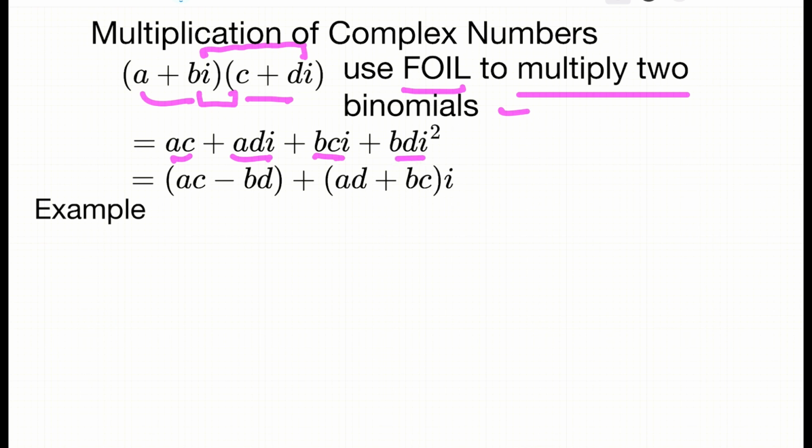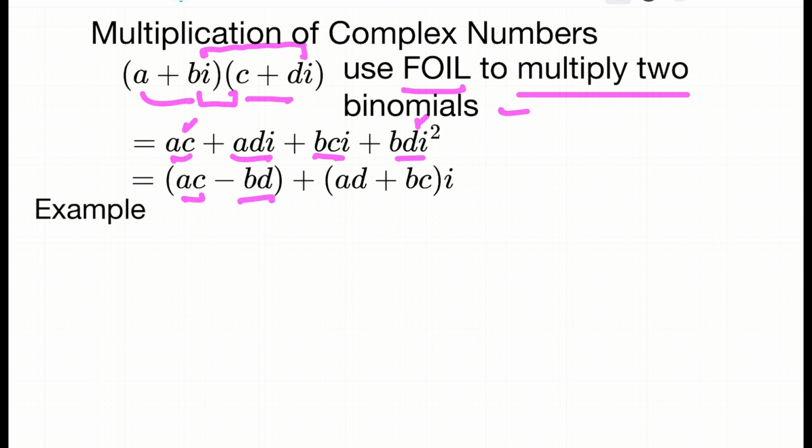Now we can regroup this, put all the real terms together. So that's going to be this one, and that one. Since the i squared is just going to be equal to a minus 1, we're going to get ac minus bd.